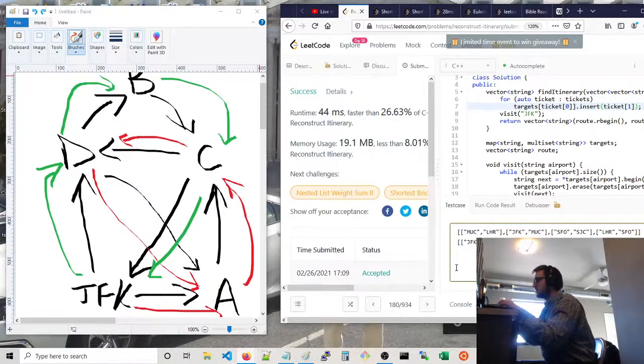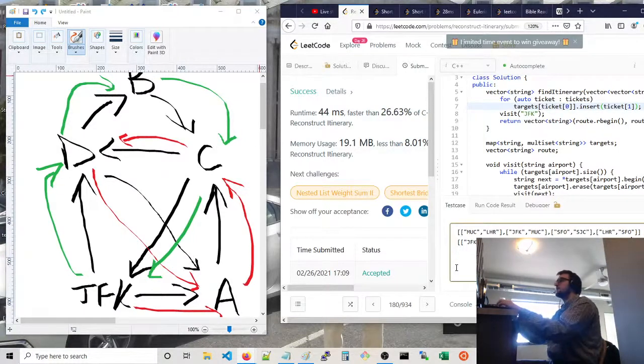JFK to D, D to B. Hopefully I got this right. B to C, C to D, D to B, B to C, C to D. I want D to A. I don't really understand what he was getting at with this.